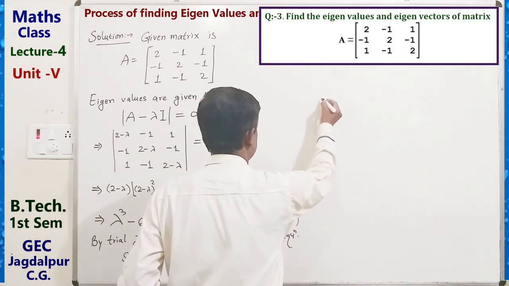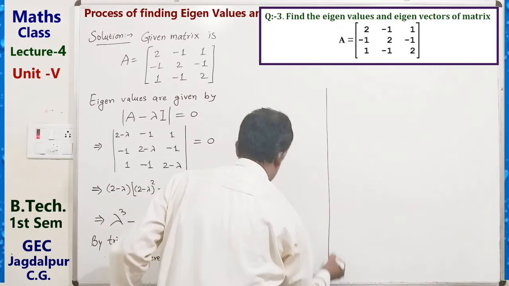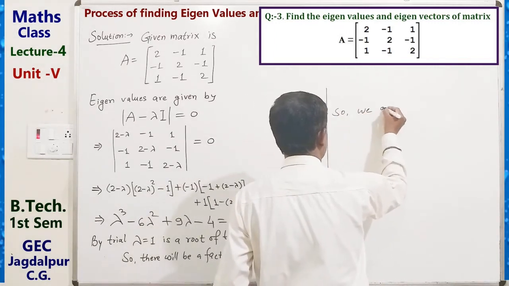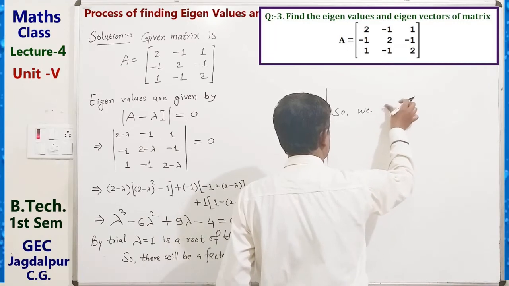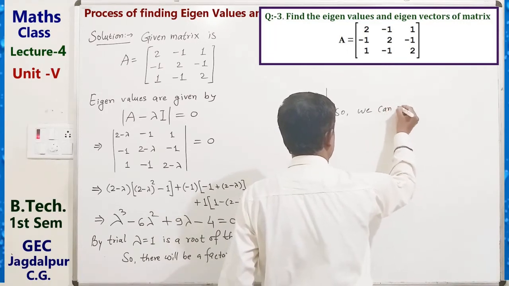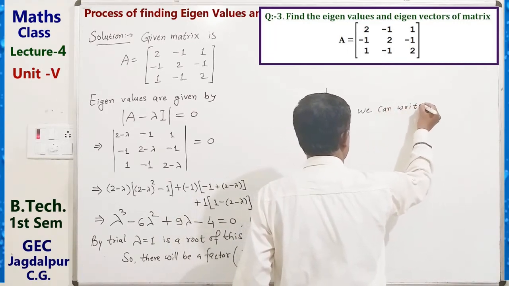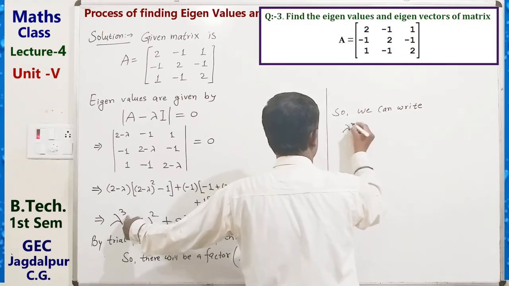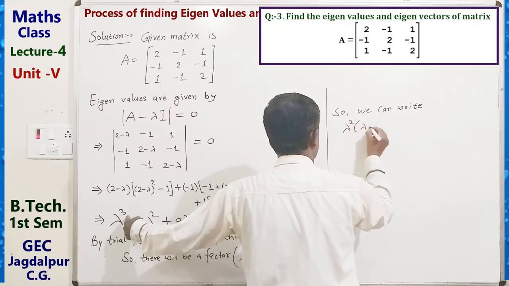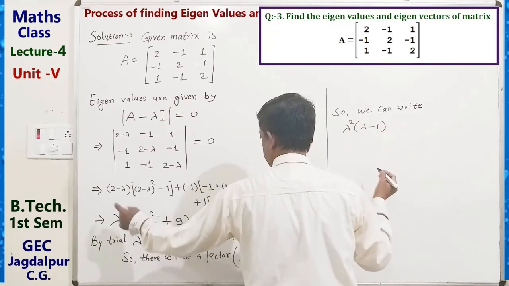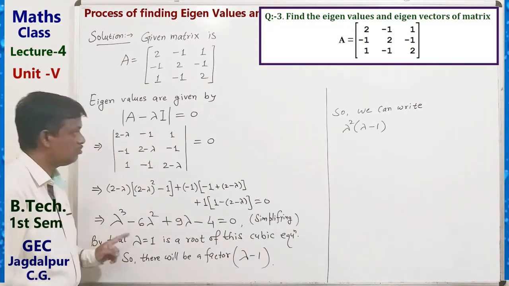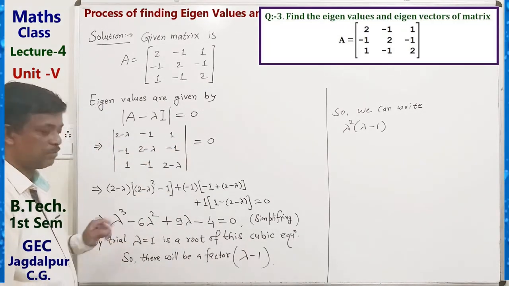So we can write this lambda square, lambda minus 1. Lambda cube, lambda square, lambda minus 1.